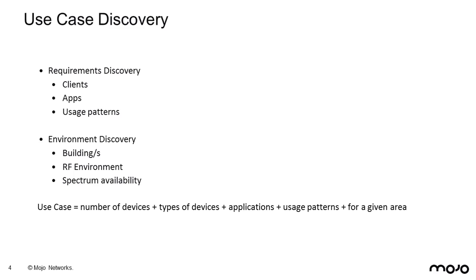This is one that I love to talk about because we have the Mojo Planner, which can help with predictive site planning. But most of those planners, and ours is no exception, are run by a floor of a building or something like that.